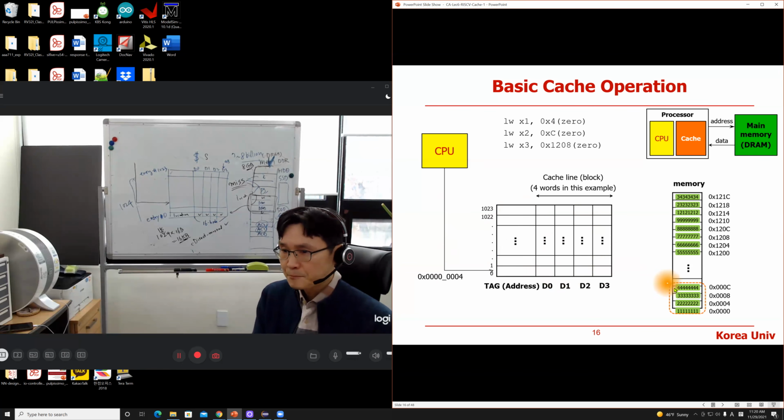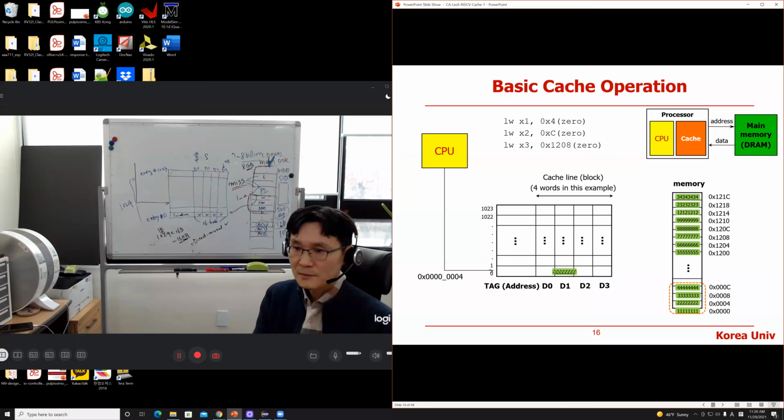Then this hardware will place not only the data you requested, but the data in its neighbor also. These 4 data into the cache, like this, and record that information: the data I'm holding came from that memory location. So it is tagging.